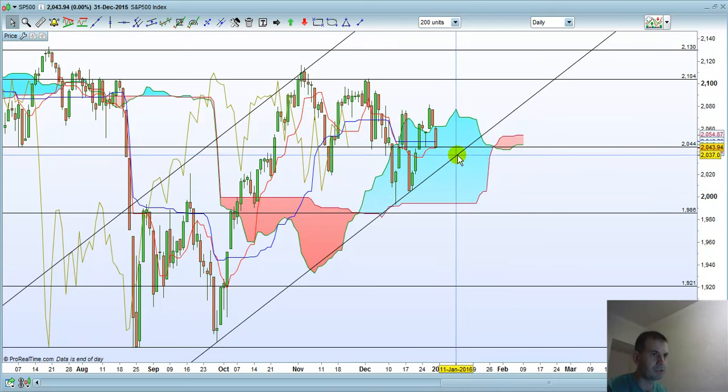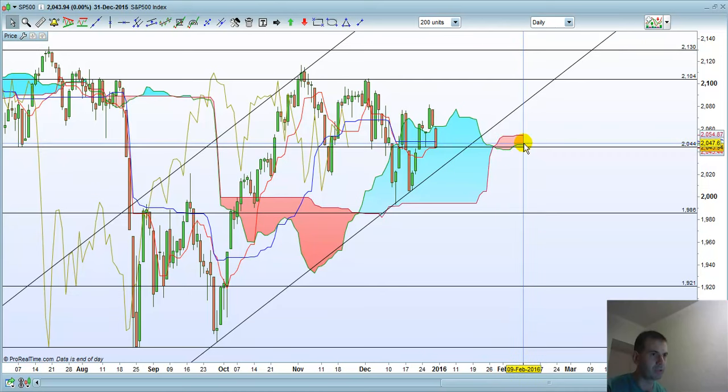Also, as you can see, the price breaks down this support level 2044, and if it breaks it down, so we can find the point to sell. I think stop loss should be on the upper point of the candle.